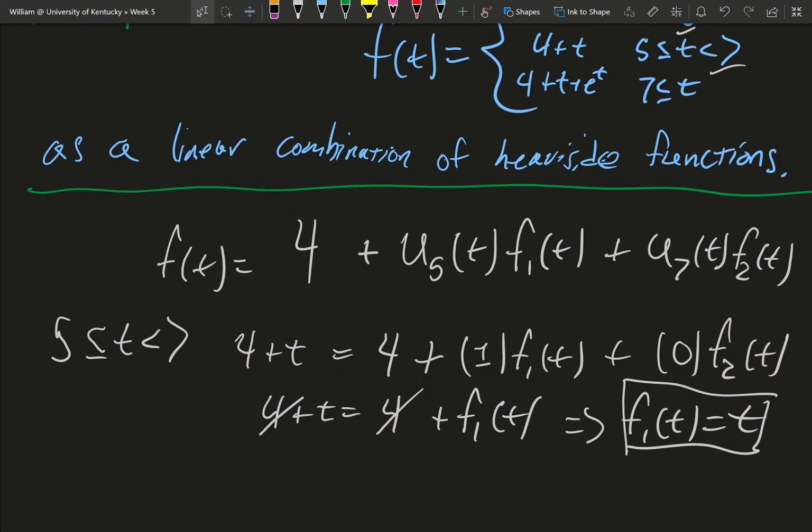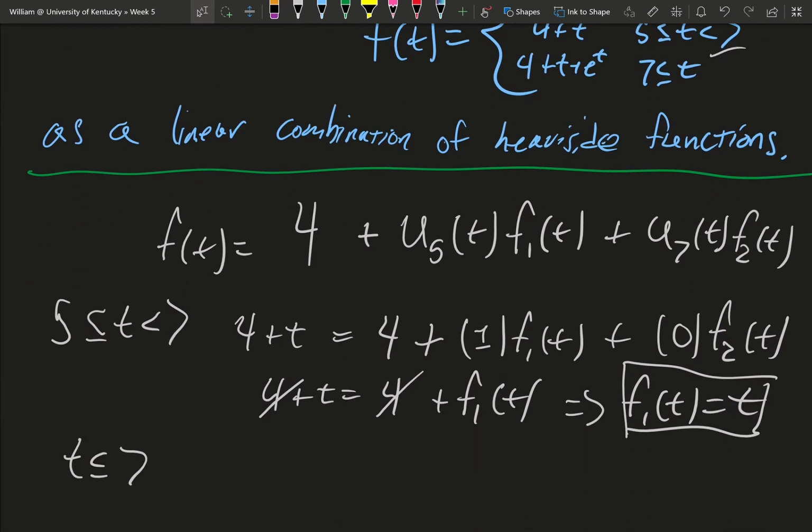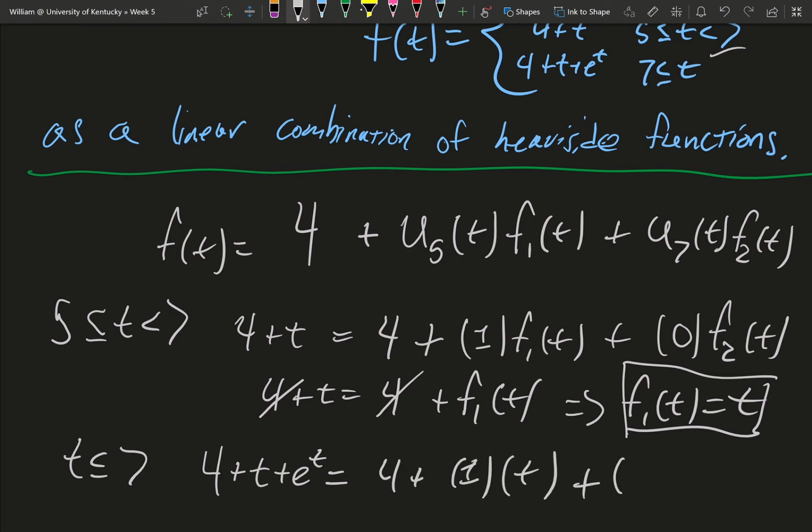The only other case we have to consider is t greater than or equal to 7. And here we're going to have 4 plus t plus e to the t is equal to 4 plus 1 times f1, which we now know is t, plus 1 times f2 of t.